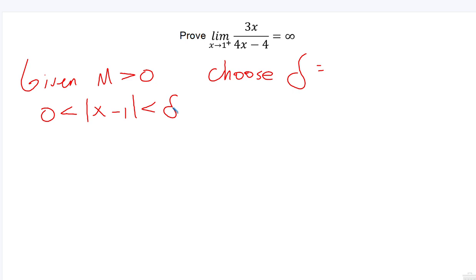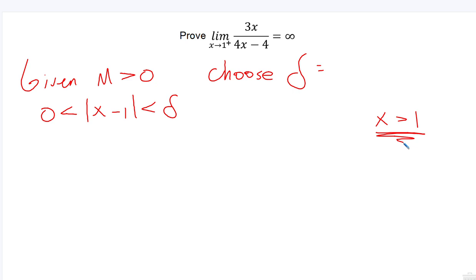But I'm going to immediately think about what's happening here. I'm talking about x approaching 1 from the right-hand side. If I'm approaching 1 from the right-hand side, that means I'm looking at x values that are greater than 1. And in fact, I'm going to make a side note over here that x is greater than 1, because I know that in a little while, I'm going to have to use that fact.